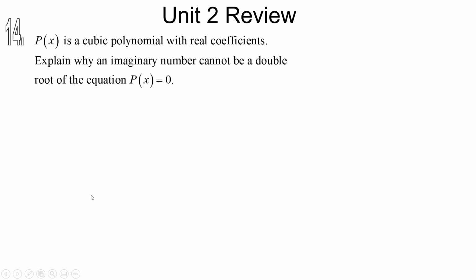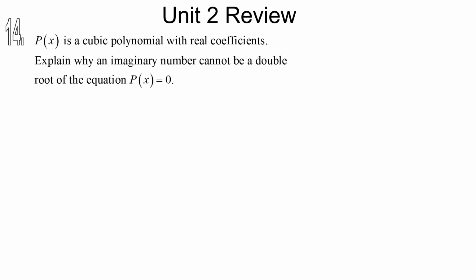Number 14. P of x is a cubic polynomial with real coefficients. Explain why an imaginary number cannot be a double root of the equation P of x equals 0. Okay, well, let's think. A cubic has a maximum of 3 roots.